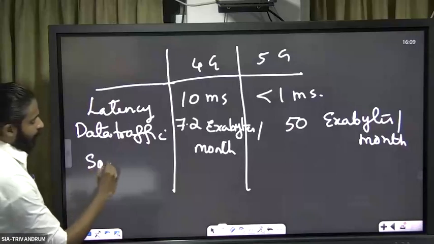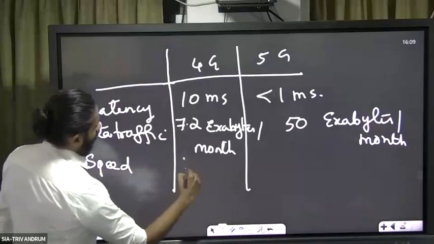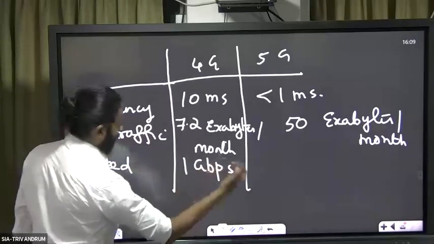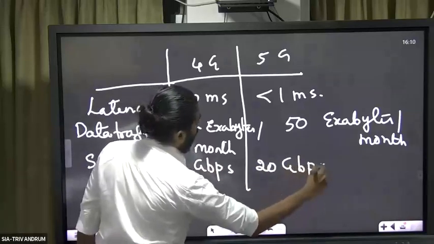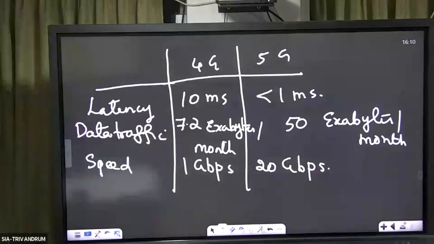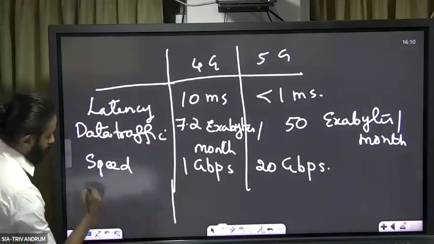Speed. In 4G, it can be a maximum of 1 Gbps. In 5G, we can reach up to 20 Gbps. Then the connection density, another difference.